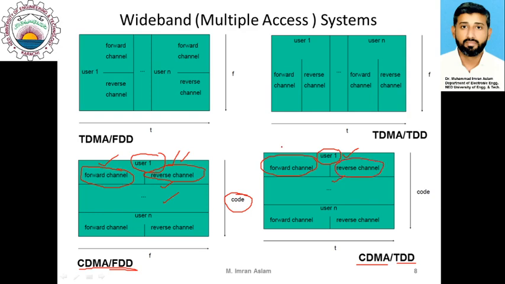So different time slots are allocated to establish forward communication and reverse communication. So we have two different channels to establish forward and reverse communication in different time slots. So this is the logical separation in wideband multiple access systems.